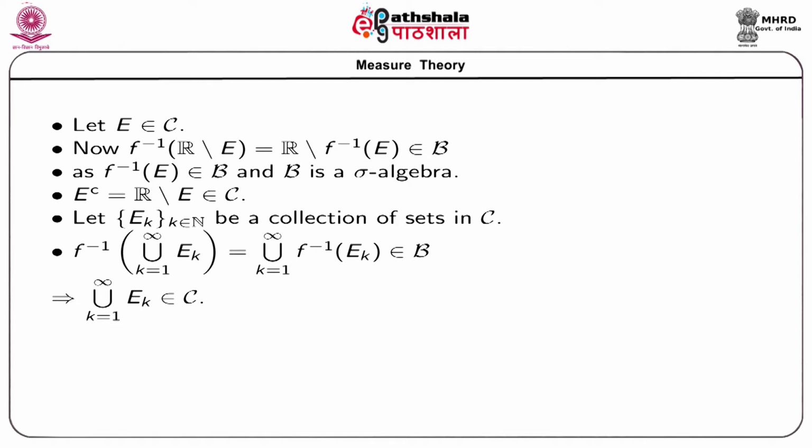This shows that union k equal to 1 to infinity E k also belongs to C. So, we have got our result that C is closed under both complementation and countable union, and hence it is a sigma algebra.